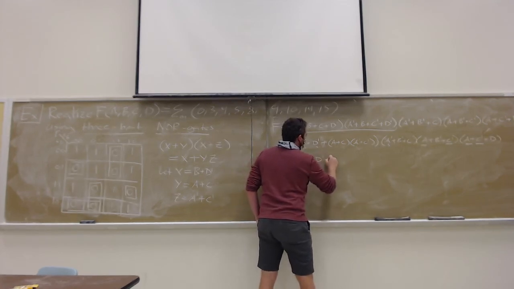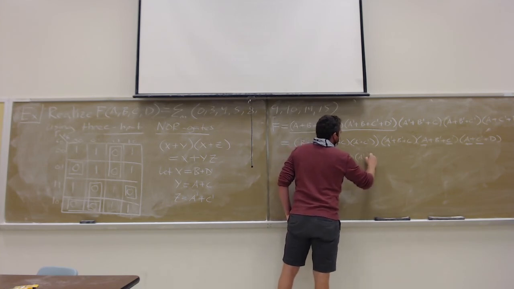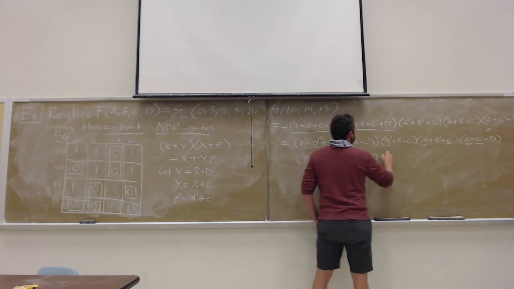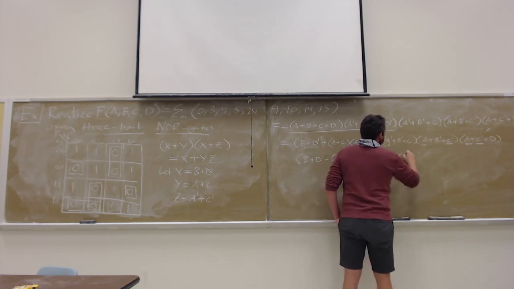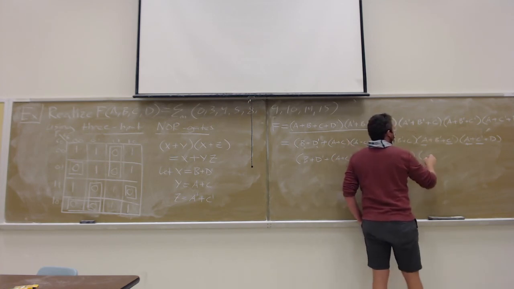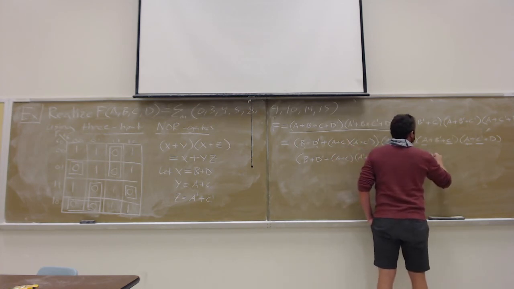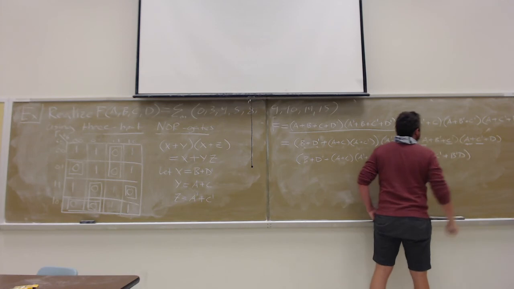B or D prime, or A or C, A prime, C prime. And this guy's going to stay the same, A prime or B prime or C. And then these two terms are going to combine to give us A or C prime or B prime D.